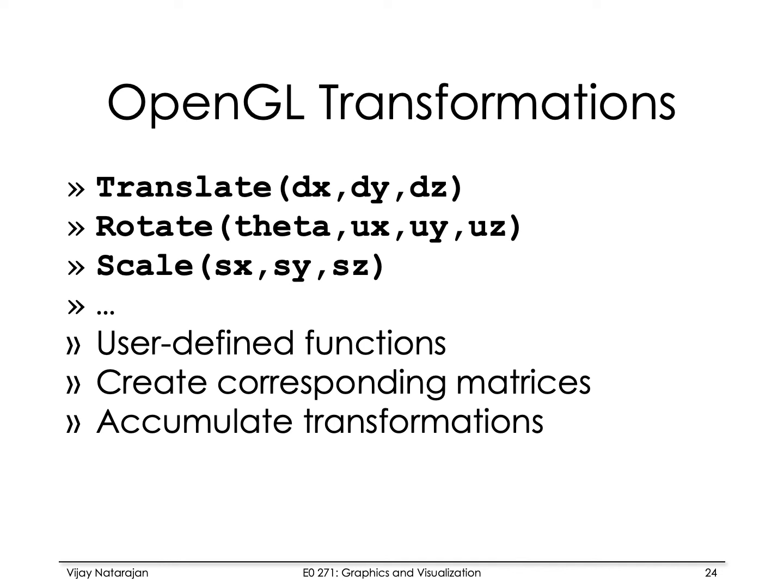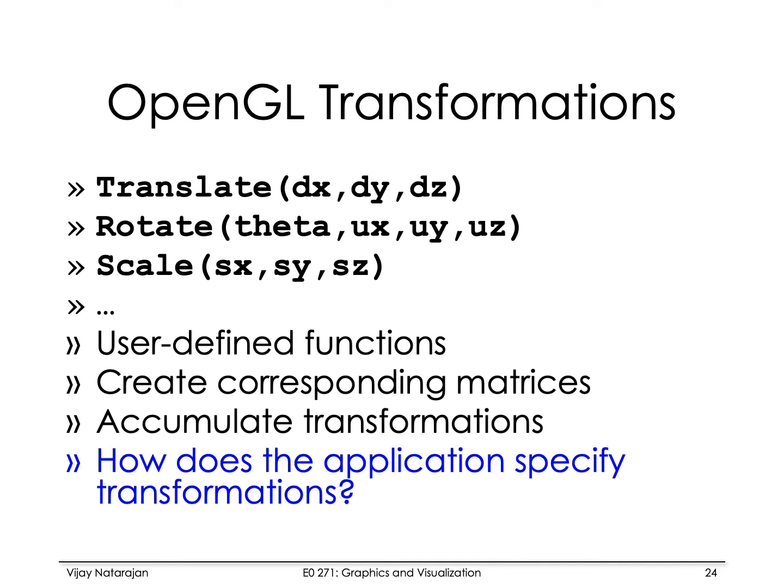The question that I posed earlier comes back again. Given that I want translation, rotation and scaling, I know how to write down the matrices. But the question is, how does the application specify these transformations? Of course, I can specify it by writing down the displacement vector or specifying the angle of rotation and the axis of rotation.